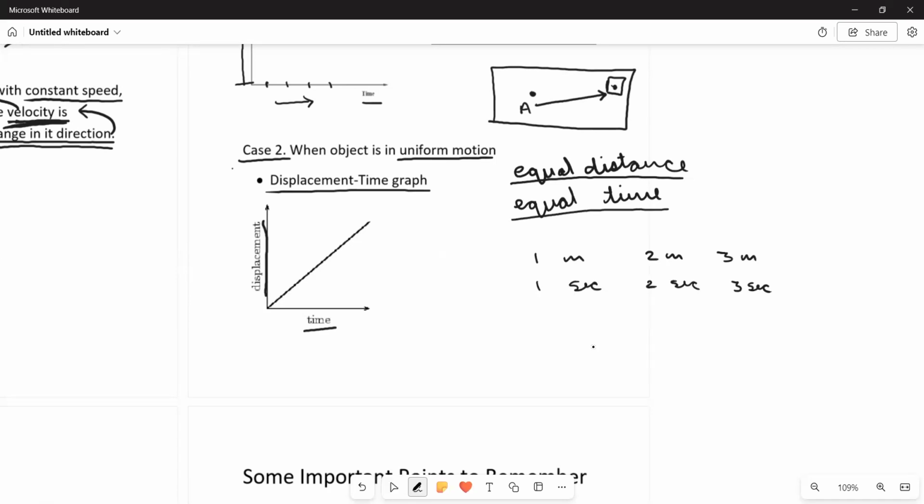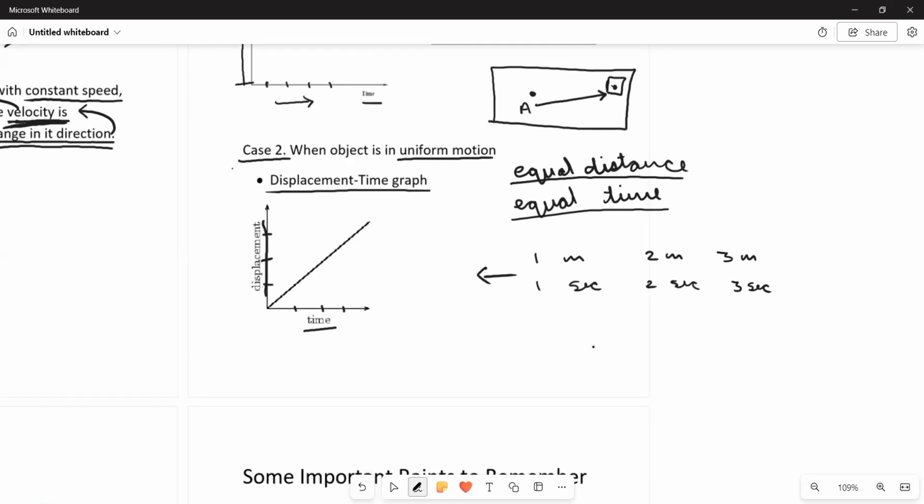So if we try to plot this situation on this graph, we'll take 3 instances, 1, 2 and 3. This is our time: 1 second, 2 seconds and 3 seconds. Now we'll mark the same for the displacement, 1, 2 and 3.